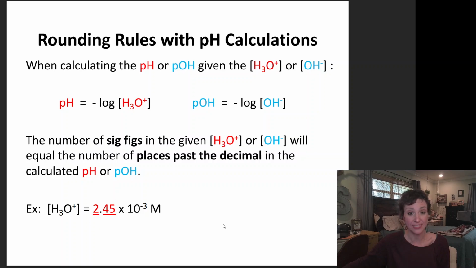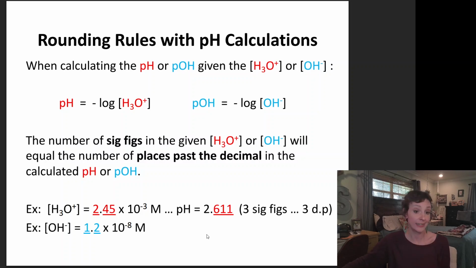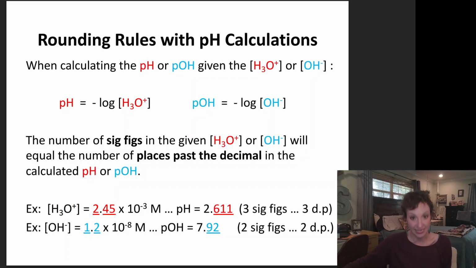All 3 of those sig figs tell me that when I solve for pH, I need 3 places past the decimal. Thank you, log scale, for making things complicated. Similarly, here I have 2 total sig figs in this hydroxide ion concentration, which means I need 2 places past the decimal in that pOH value.